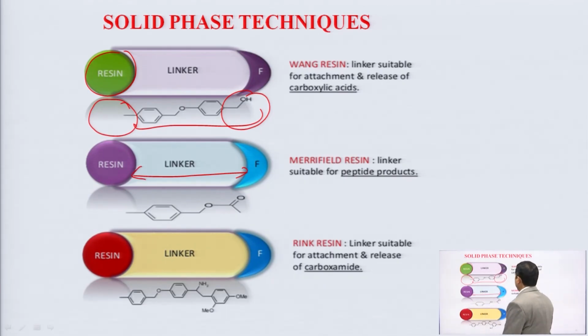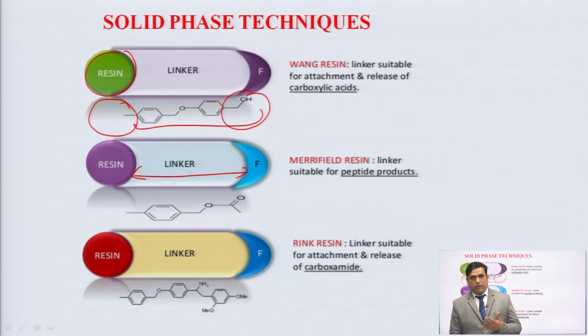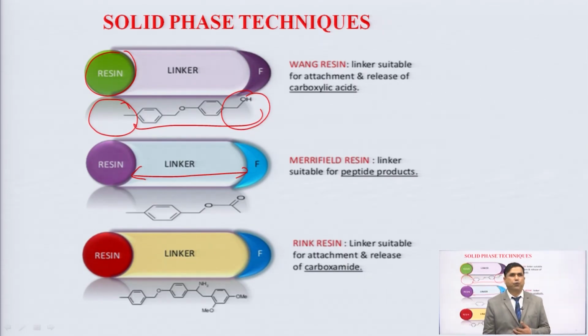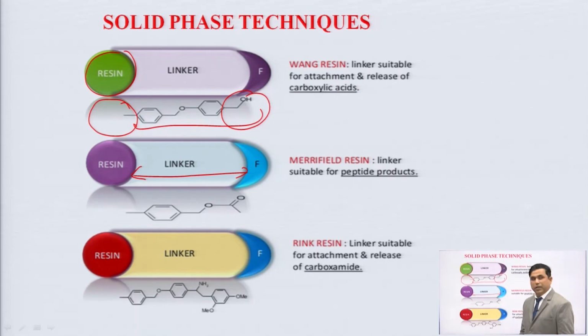Here the Wang resin linker is suitable for the attachment and release of carboxylic acid, the Merrifield resin linker is suitable for peptide products, and the Rink resin linker is suitable for the attachment and release of carboxamide.